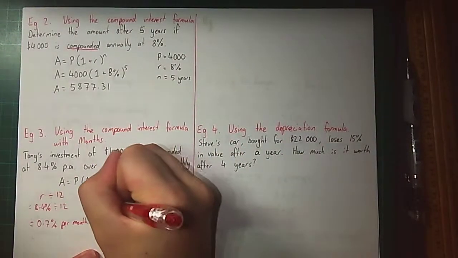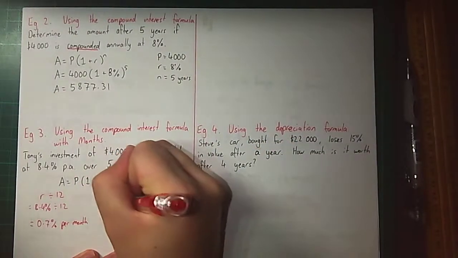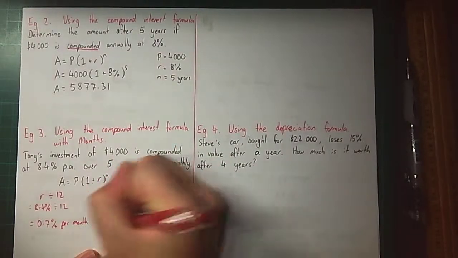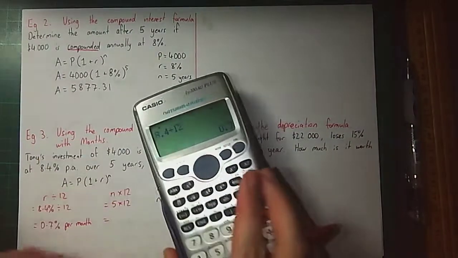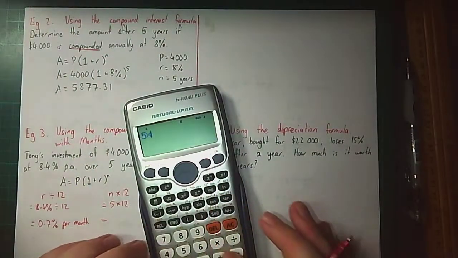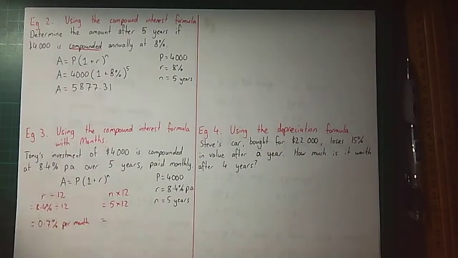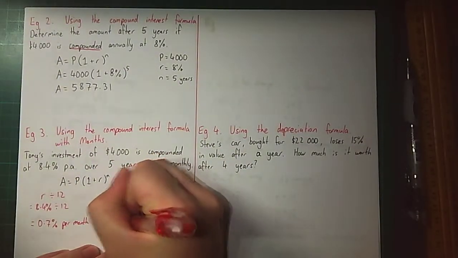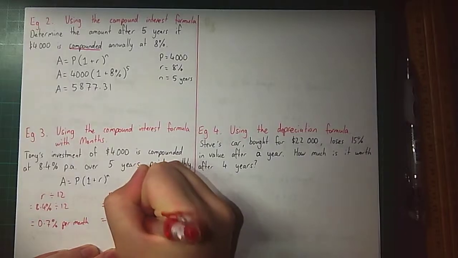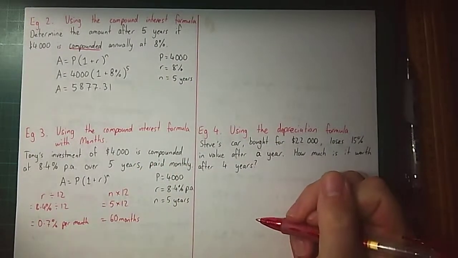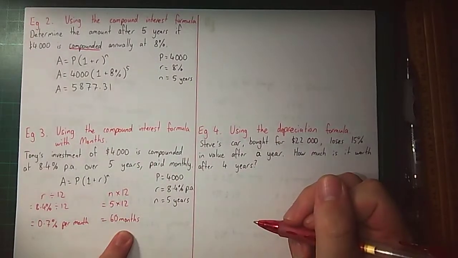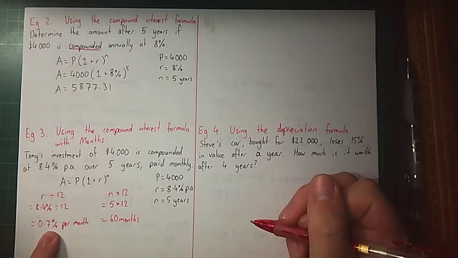Now our N, we've got 5 times 12. Popping that into our calculator again, we've got 5 times 12, that's 60. So that means we've got 60 months. So now we've got our N in months and our R in per month.